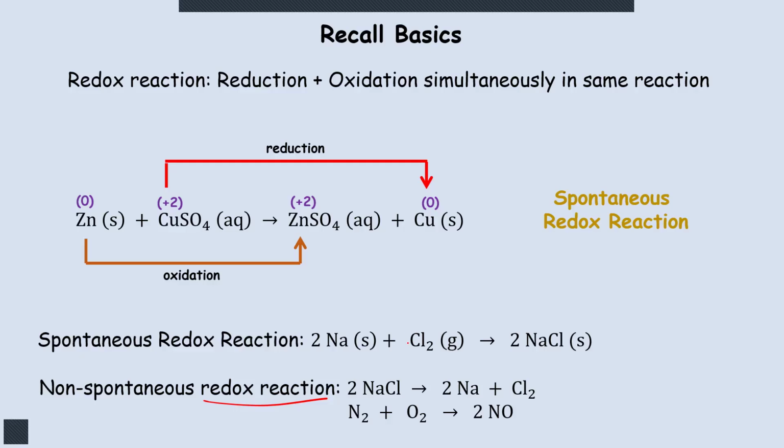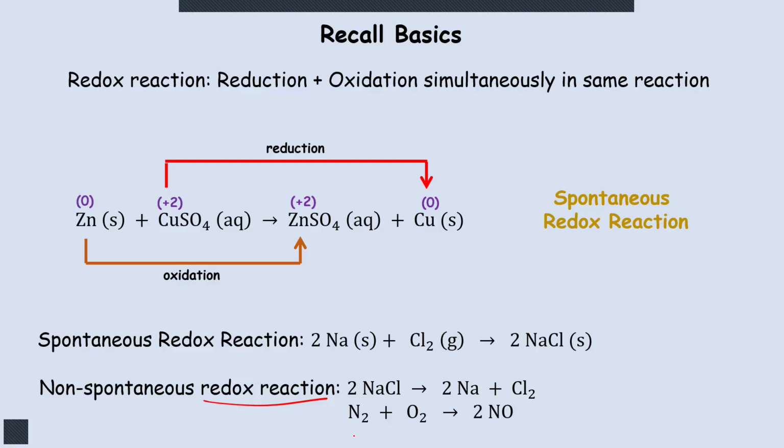Once we stop the supply of electric current or external energy, the reaction will stop. Such a reaction cannot take place by itself. It requires constant external aid throughout the reaction. Such a reaction is a non-spontaneous reaction.